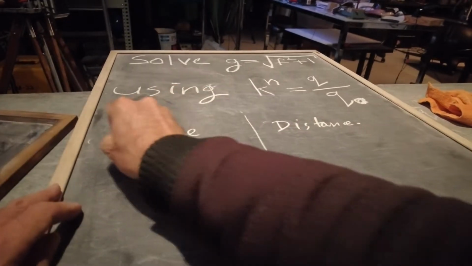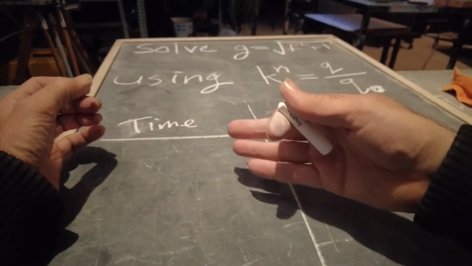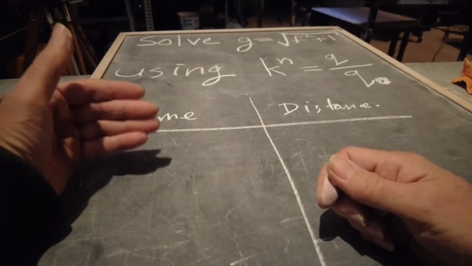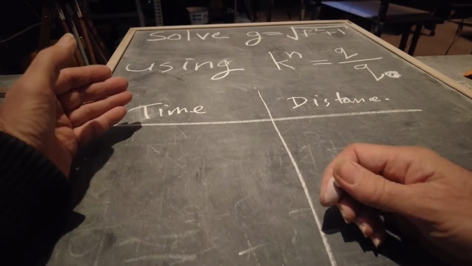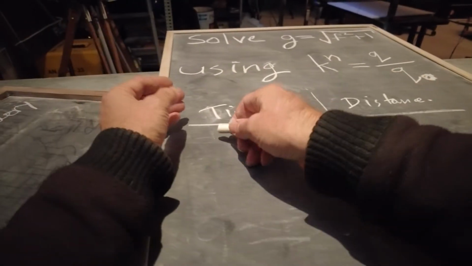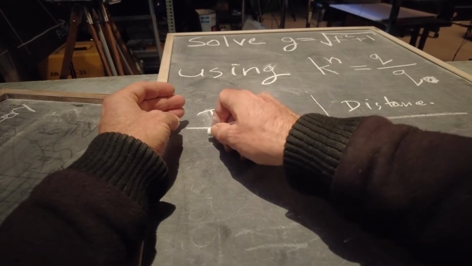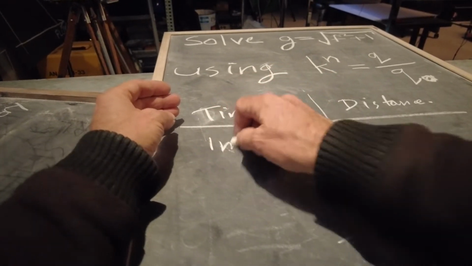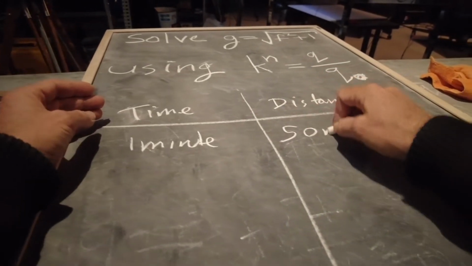So let's say you're going for a swim and you're going very slow, easy, a nice steady pace, so you can maintain the same pace for a long time. Let's say we swim 50 meters in 1 minute, just a slow, gentle pace. So if the time is 1 minute, then we'll swim 50 meters.